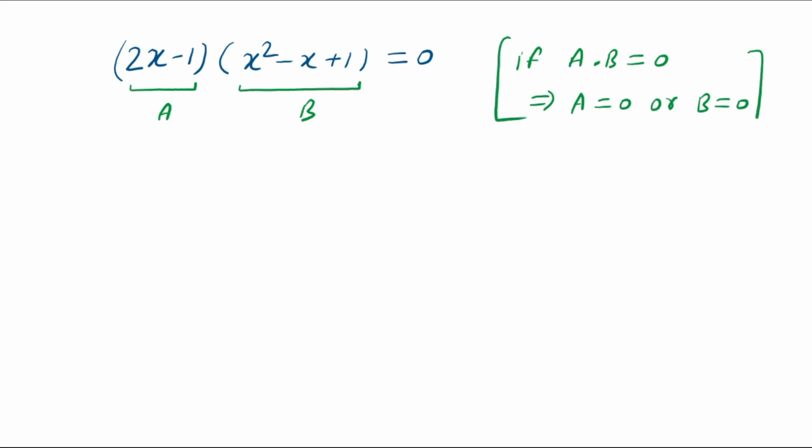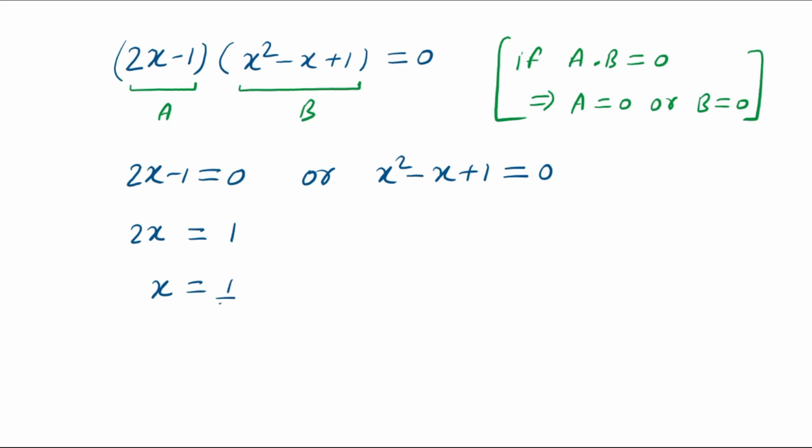According to this rule, we can write here 2 times x minus 1 is equal to 0 or x square minus x plus 1 is equal to 0. Here 2 times x and this negative 1, if we take it to the right hand side, then this is positive 1. Now divide both sides by 2, then the value of x is equal to 1 over 2. This is our first solution, x1 is equal to 1 over 2.